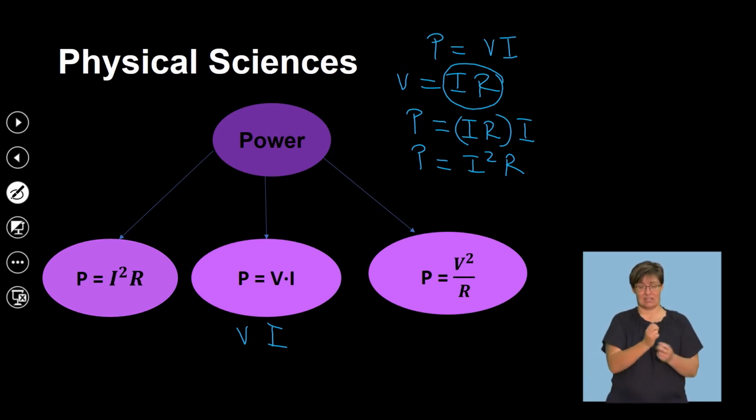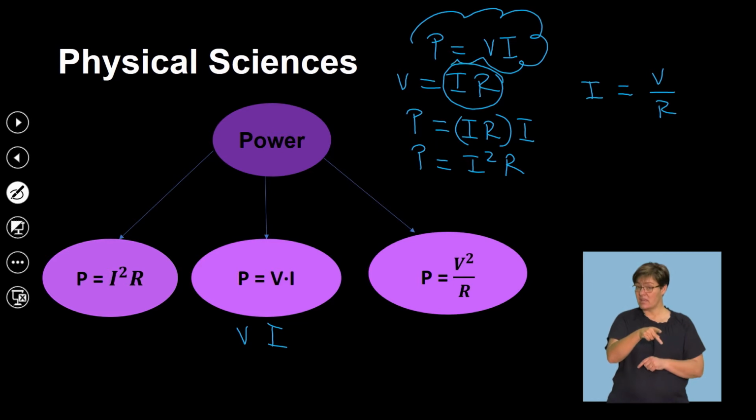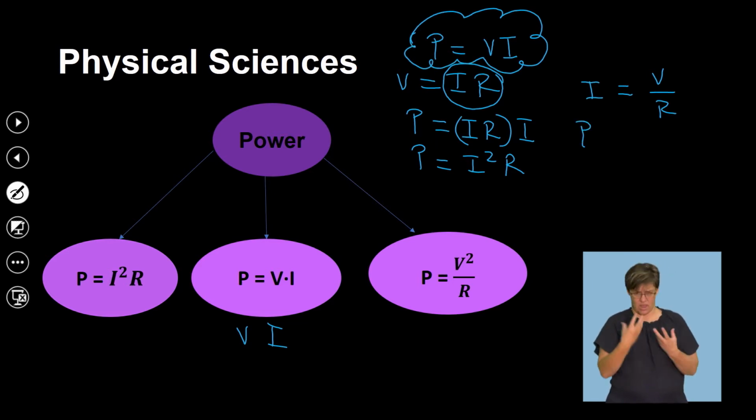However, if we have a situation where we do not have the current, then from Ohm's law, we know that I is equal to V over R. And then we know that P is equal to VI. Now, if P is equal to VI, then we'll have P is equal to V, where this I will be V over R instead.